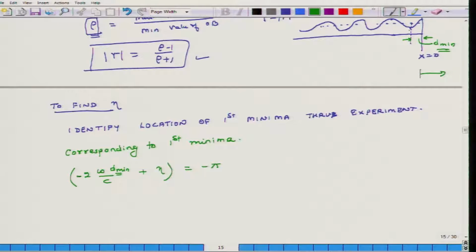So, I have to put a negative sign here. Okay. So, experimentally I can find out the location d min, omega is already known, c is known. So, eta equals 2 omega d min divided by c minus pi.